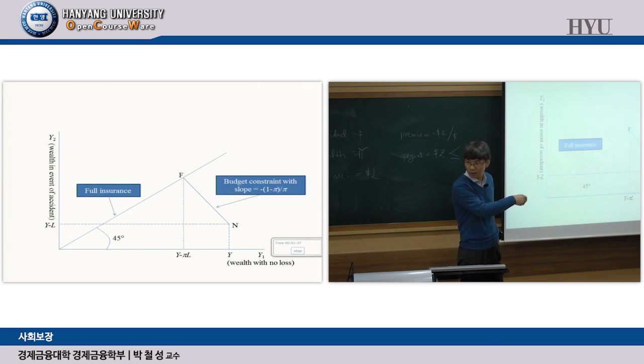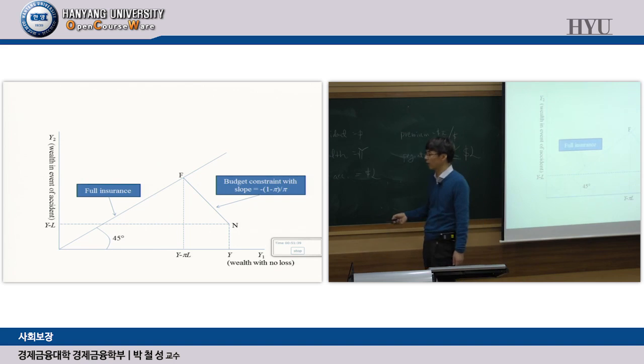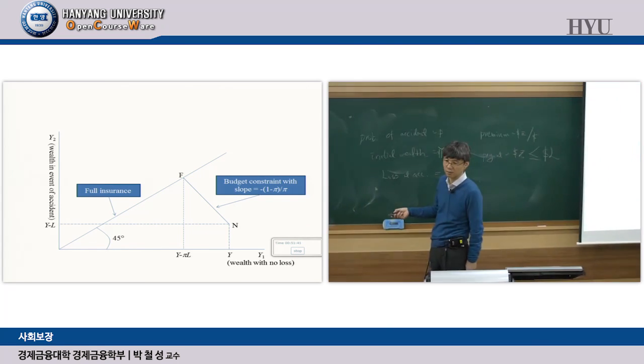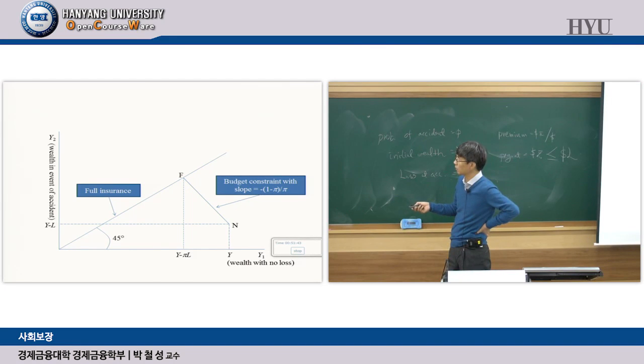If we draw a 45-degree line, that's the full insurance case. Full insurance means that with or without accident, your income will be the same. So Y1 and Y2 are equal to each other. That's the 45-degree line. Anything that you pick on the 45-degree line, you are picking full insurance.